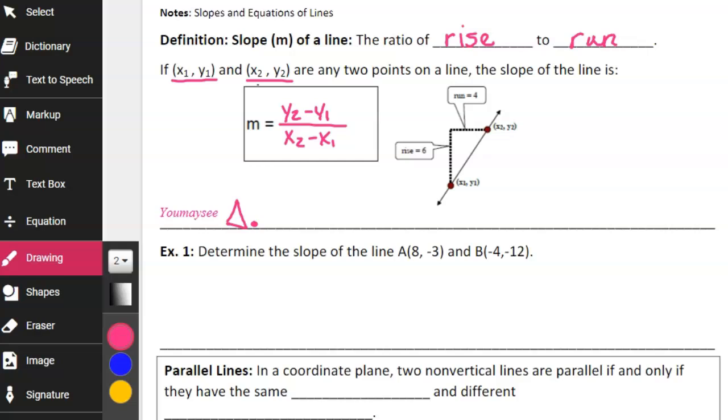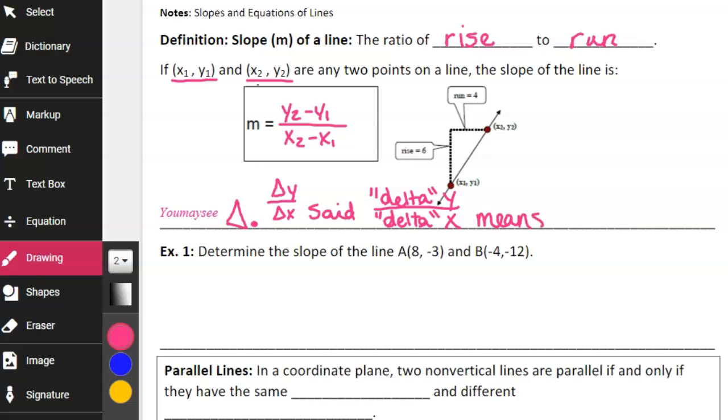And if you see this, it'll generally be laid out in the form of a fraction. The way that you say this is delta y over delta x. That little triangle is the Greek letter delta, and it means change.